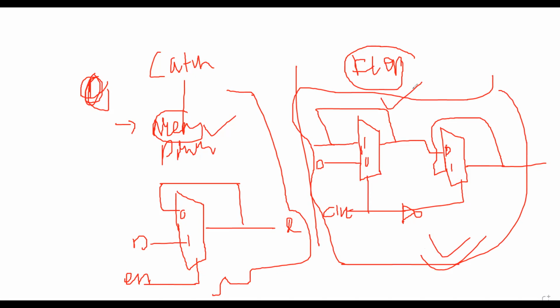Let's suppose we have the benefit that if I want to toggle my signal twice, I can toggle it twice in a latch, but that is not applicable to a flop. But still, you go for flop only. Why?